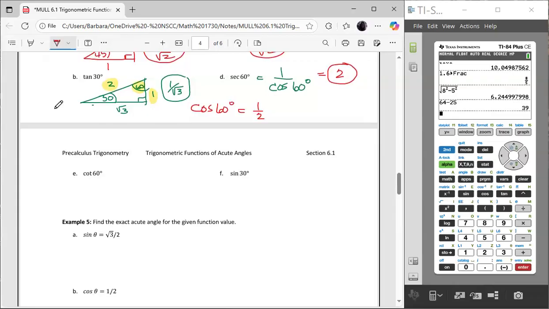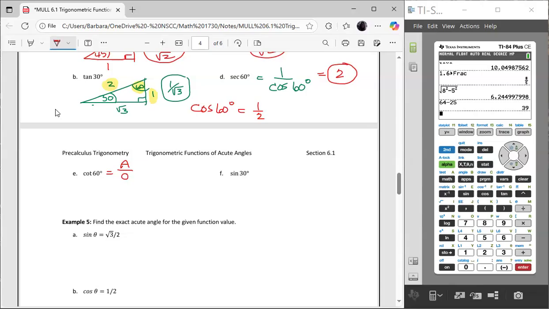Let's see, we have the cotan of 60 degrees. That is the reciprocal of the tangent function. Or you could just memorize the fact that the cotan, instead of opposite over adjacent, is adjacent over opposite.